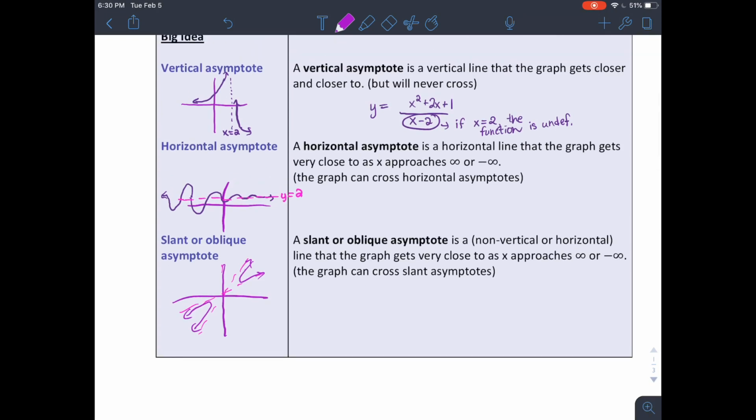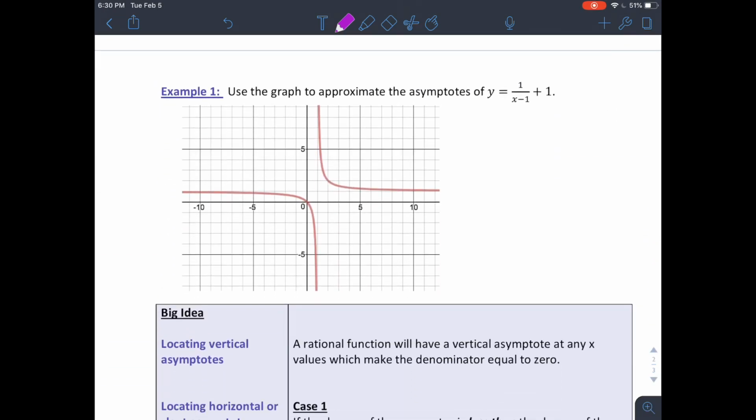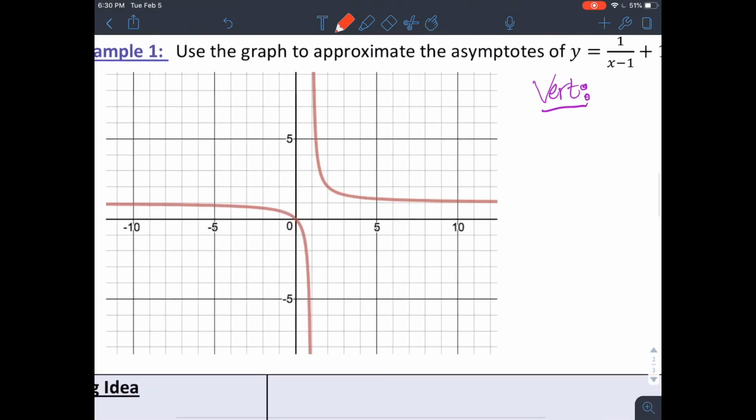All right, let's take a look at a graph and identify your asymptotes based on your graph and your equation here. I always look at my vertical asymptotes first. If you look at your graph here, it looks like it's getting closer and closer to the vertical line of x equals 1.